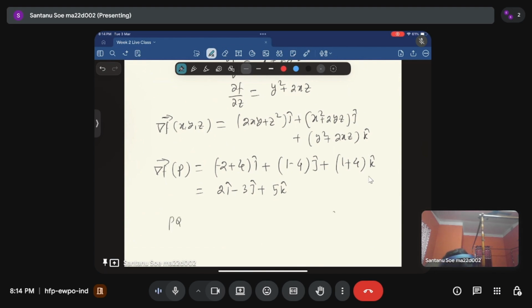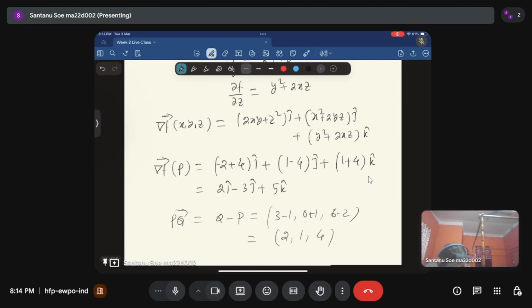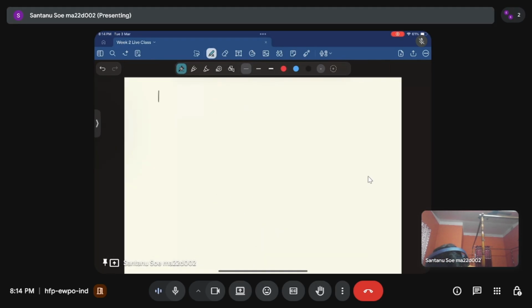Okay, so now to find the direction in the point 3, 0, 6, we have to first calculate this direction PQ. So the direction PQ is gonna be Q minus P, which is 3 minus 1, 0 plus 1, and then 6 minus 2, which is 2, 1, and 4. So now we'll calculate the magnitude of PQ. So this is square root of 4 plus 1 plus 16, which is square root of 21.